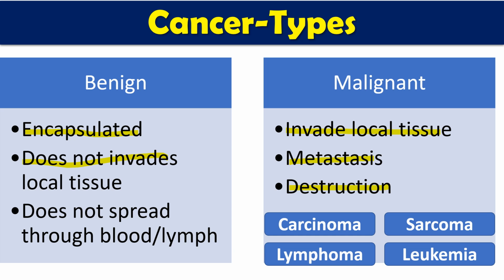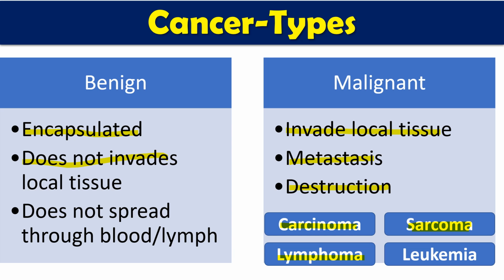There are other terms we use according to the cancer, depending on which type of tissue is affected or what the origin of the cancer is. If the origin of cancer is from epithelial cells, we call it carcinoma. If the origin of cancer is from connective tissue, we call it sarcoma. If the origin of cancer is from lymph or lymph nodes, we call it lymphoma.